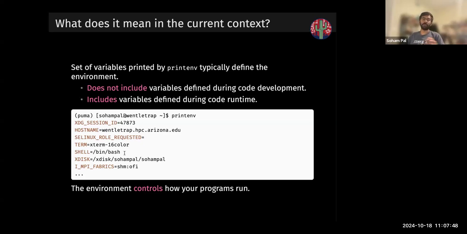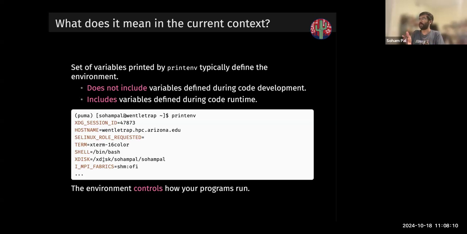But it defines multiple different values. For example, I have this value called XDISK, which defines a particular location that I can access. So these variables will typically define the environment in which your code will execute.